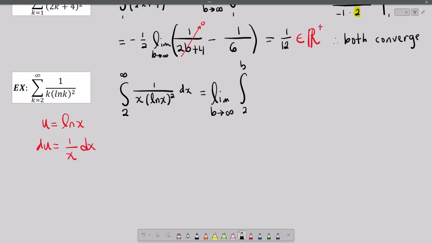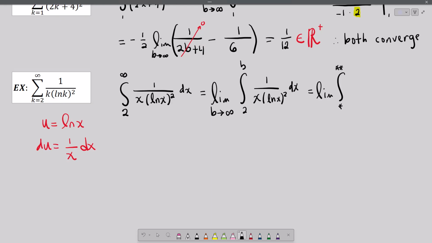Let me write this intermediate step before I actually do the substitution, just to make sure we have our limit set. Then we're going to use u sub, and we're still going to have the limit as b goes to infinity. But we're doing substitution, and we're not going to recompute the limits. We'll just put some placeholder limits in there. So u is natural log of x, and du is 1 over x dx.